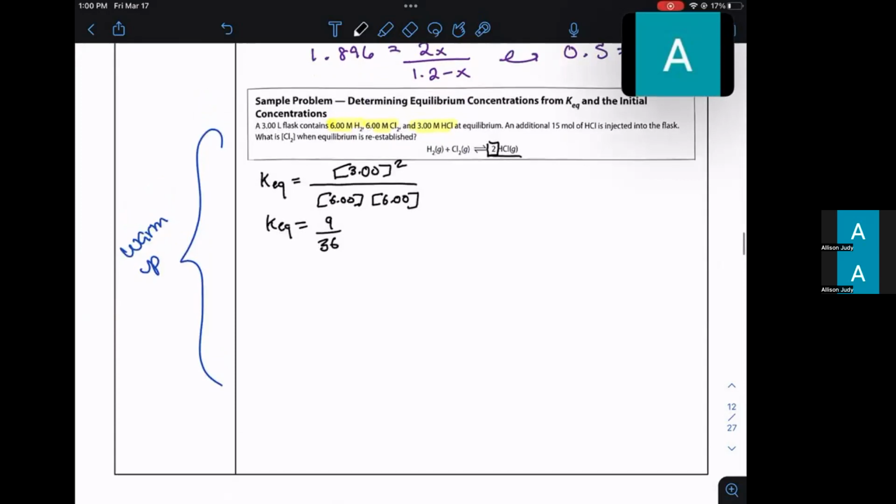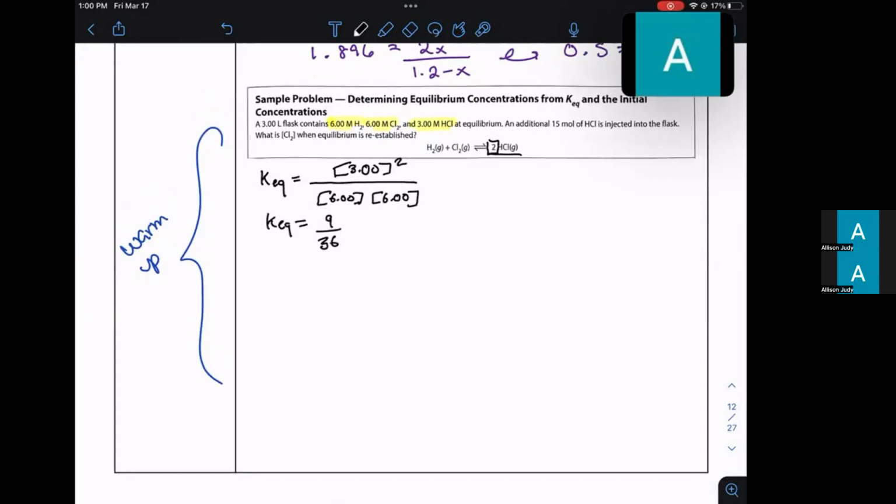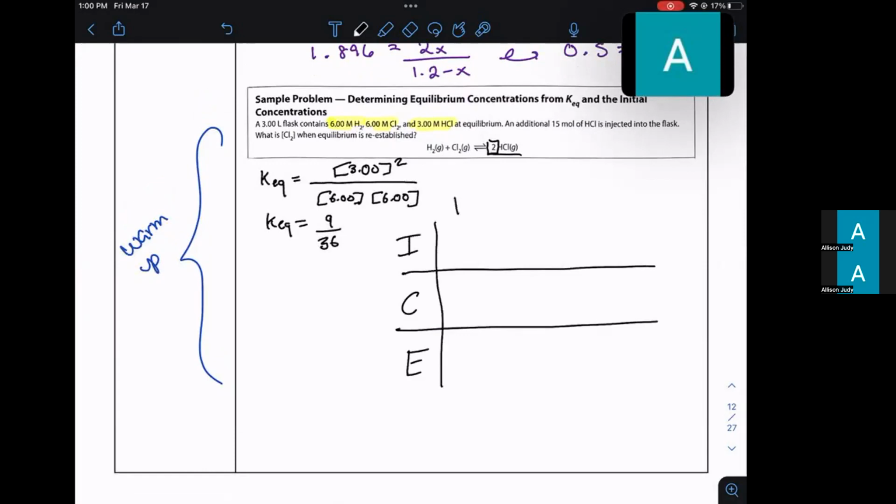So I think we want an ICE table for this. Personally, sometimes I find ICE tables annoying and unnecessary, but they can be useful. This will be H2. It's also been a really long time since I've done this. Cl2 and HCl.